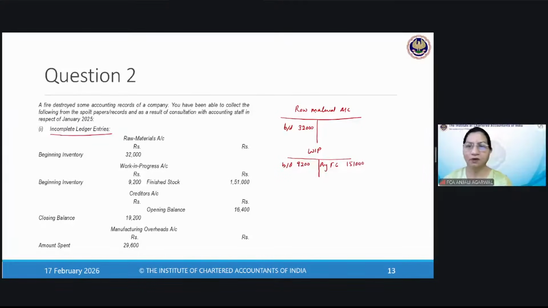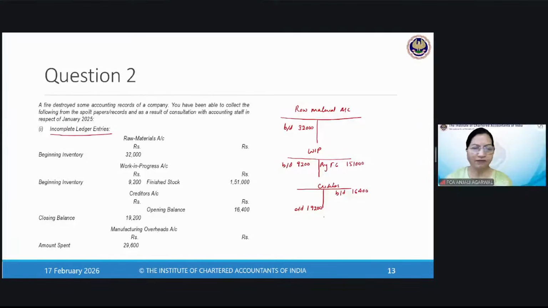So in raw material, we only know the opening figure. In WIP, we know the opening and then how much moved to the finished goods account. Then you also have creditors, implying that it is an integrated system of accounting. Here you have brought down 16,400 and closing also. So opening and closing is given, nothing else.